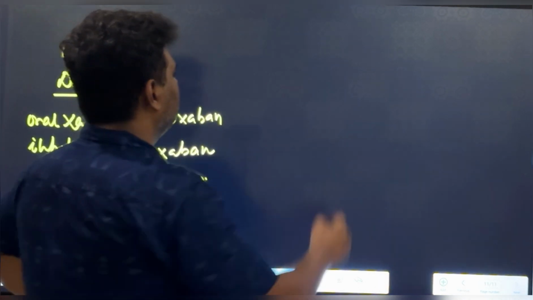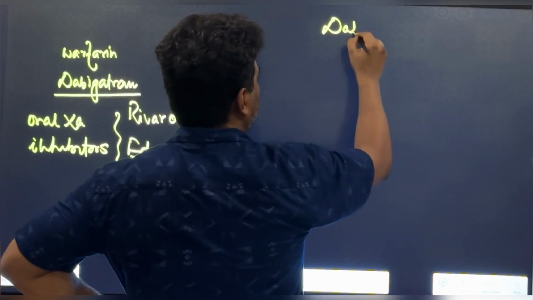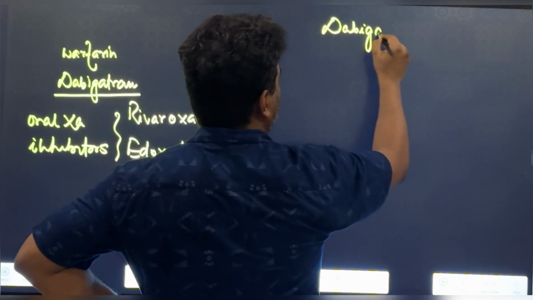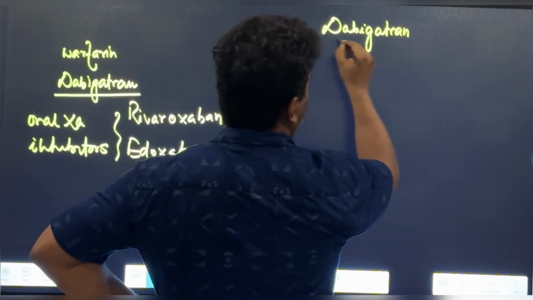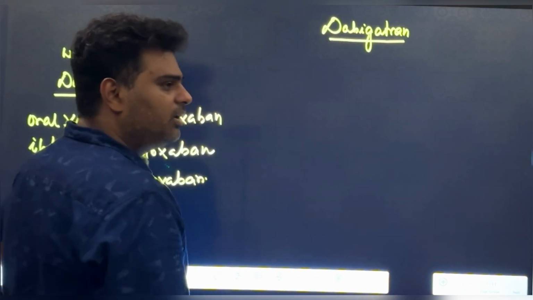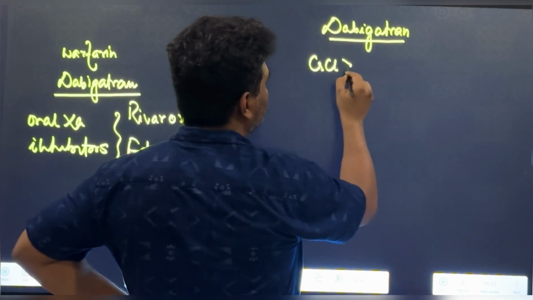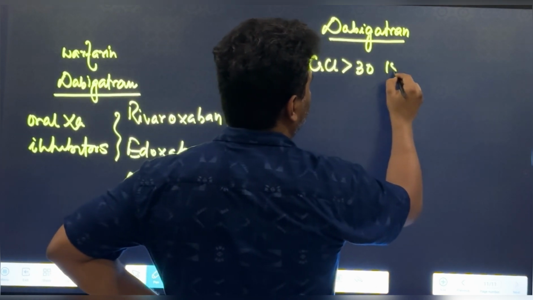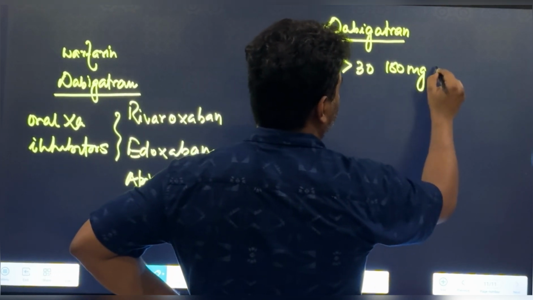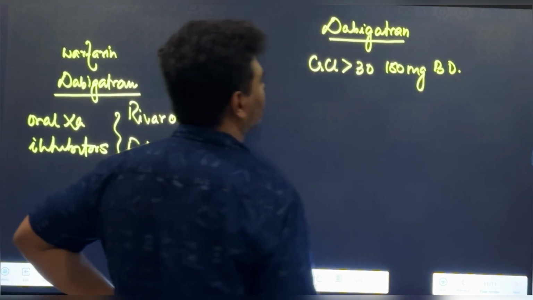So see, dabigatran. What is the dose of dabigatran? Please remember, if the creatinine clearance is more than 30, the dose of dabigatran is 150 mg BD.